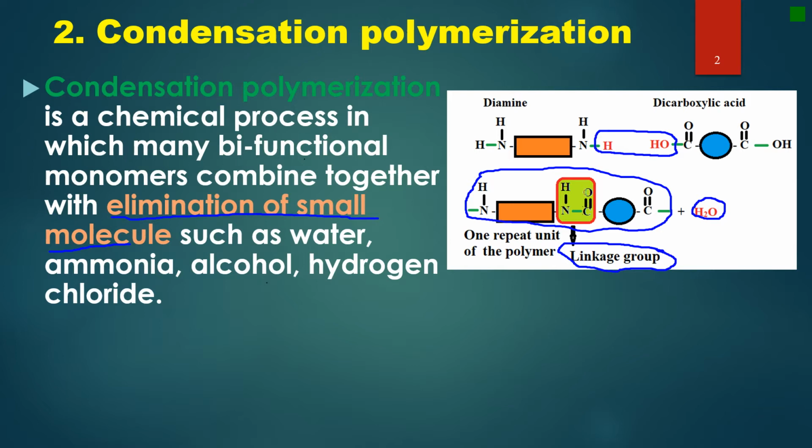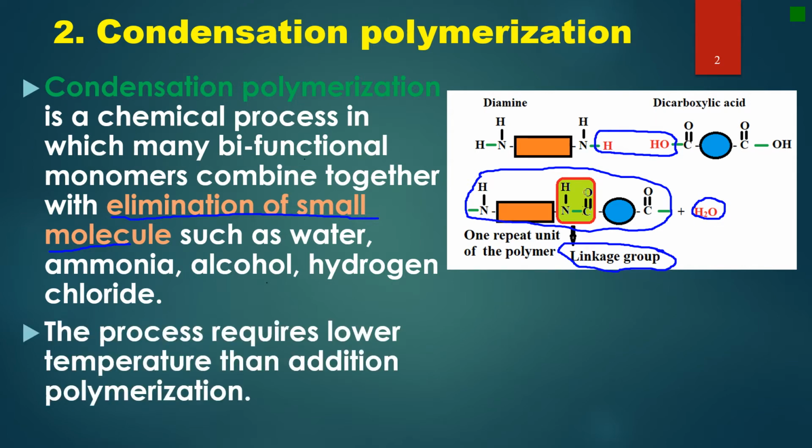The third thing is that the monomer molecules have different functional groups, while for addition polymerization we have seen that the monomer contains one functional group, or the same functional group, which is an unsaturation, a double bond between carbon atoms or a triple bond between carbon atoms.